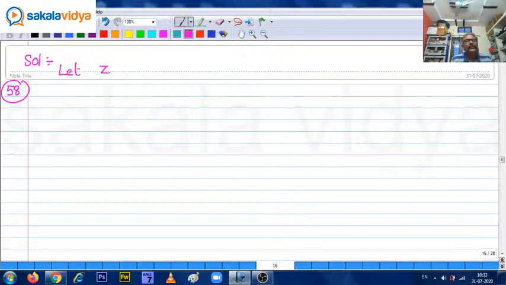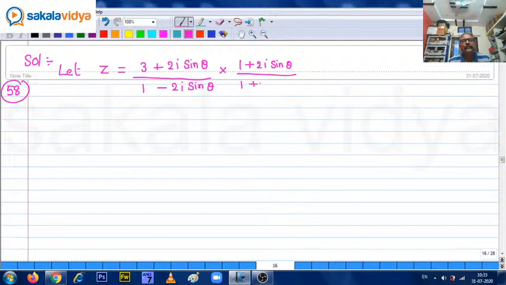Let z equal (3 plus 2i sin theta) upon (1 minus 2i sin theta). Okay, what shall we do now? We need to express this in the form a plus ib. So multiply both numerator and denominator with the conjugate of the denominator. The conjugate of the denominator is 1 plus 2i sin theta.